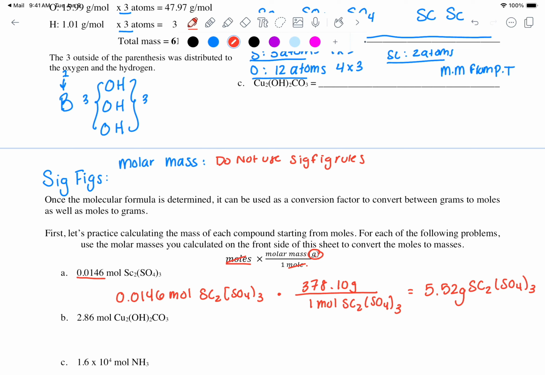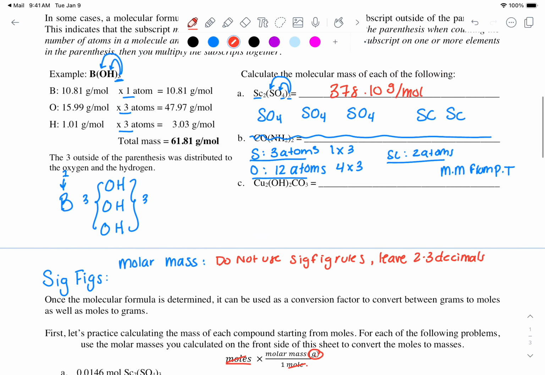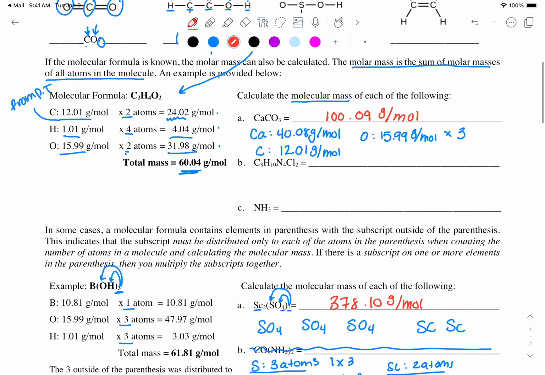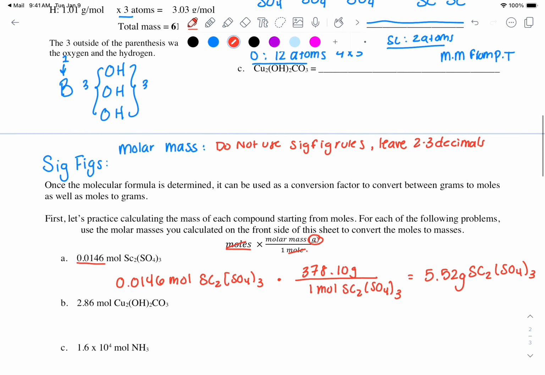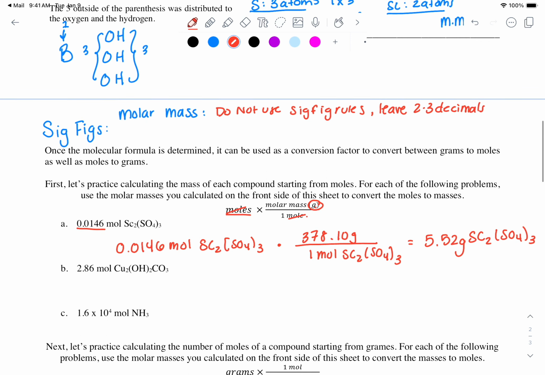So what I want you to do is to just leave 2 to 3 decimals at the end of all of your molar masses. Like I showed here, I have 2 decimals in 100.09 and 378.10. Leave 2 or 3 decimals at the end of your molar mass, because this molar mass isn't showing all the additional digits that we aren't seeing on the periodic table that we know are there.